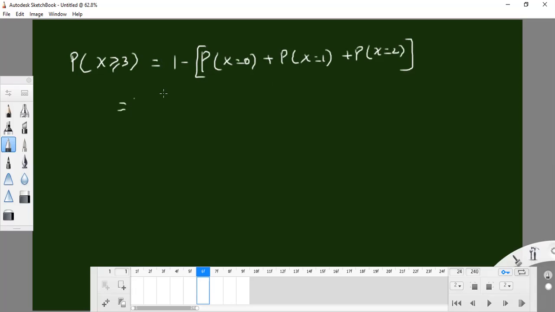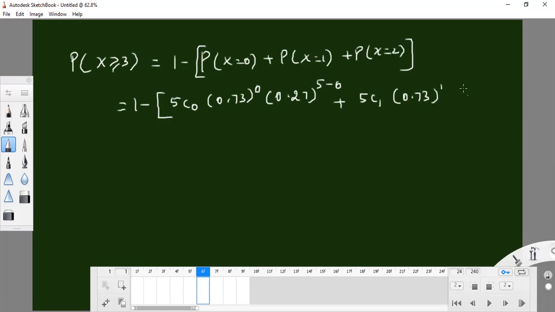So it gives 1 minus [5C0 (0.73)^0 (0.27)^(5−0) + 5C1 (0.73)^1 (0.27)^(5−1) + 5C2 (0.73)^2 (0.27)^(5−2)].